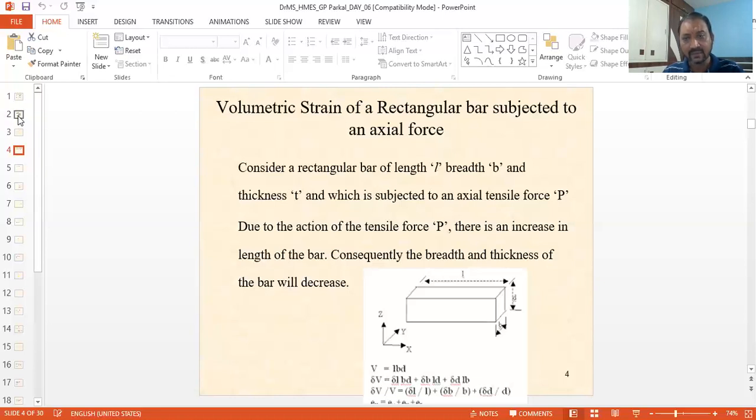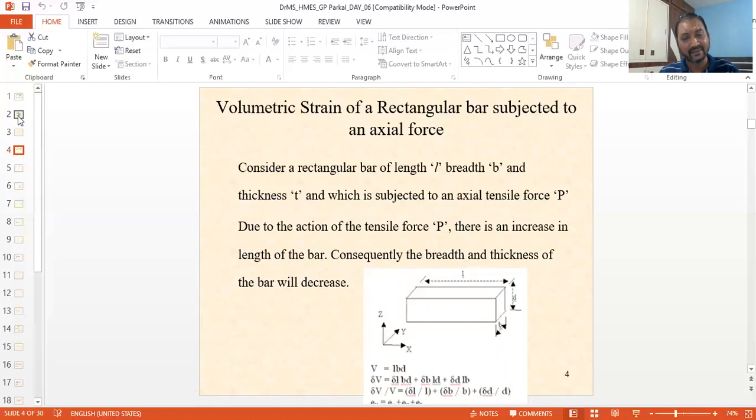But the width reduces and thickness also reduces because the width and thickness are in the lateral directions to the applied force. So finally the volume will change.